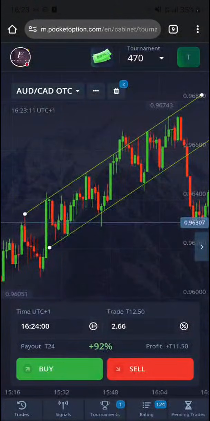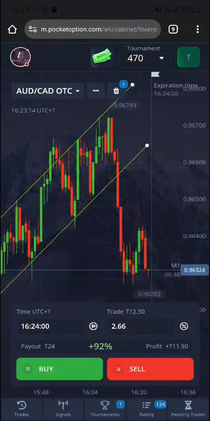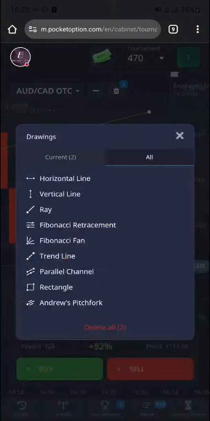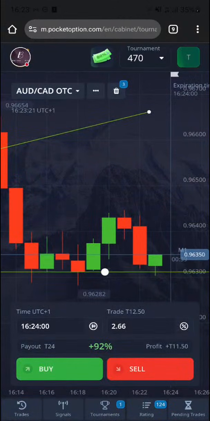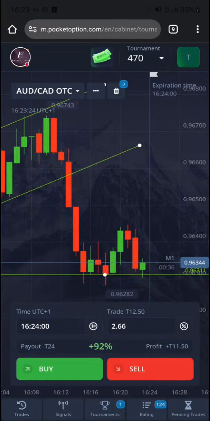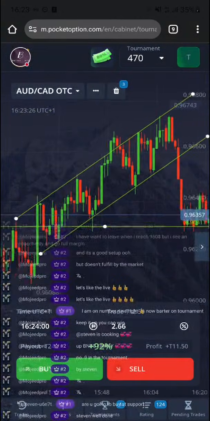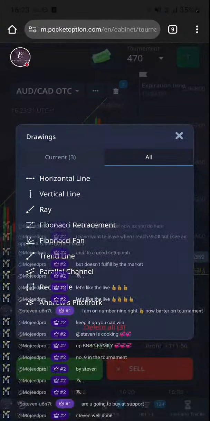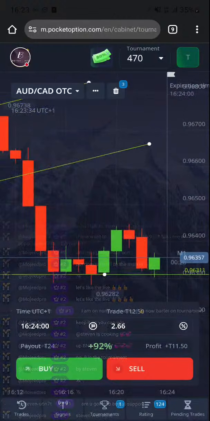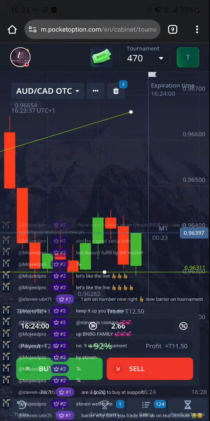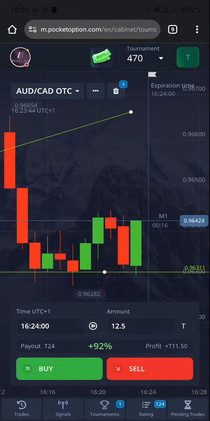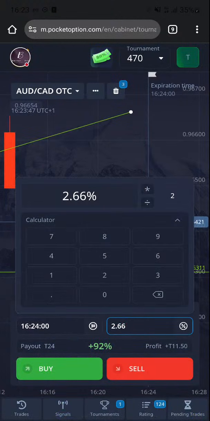This is a price channel being broken to the downside. You can see. Oh, wait, let me see this. We might actually go with the buyers here. Okay, the buyers already came in.